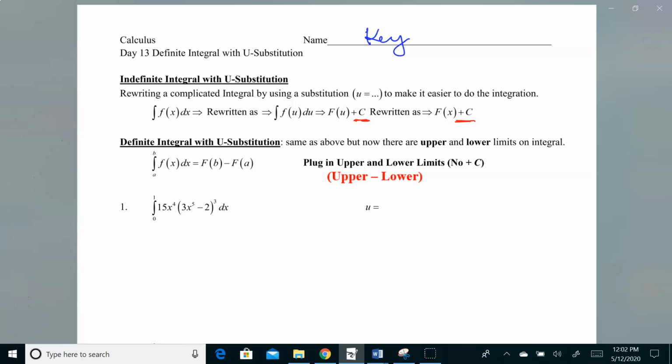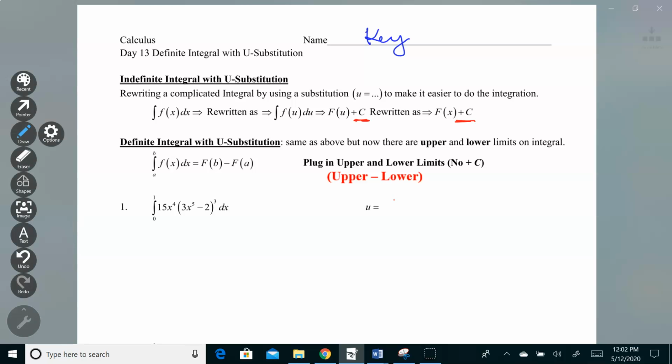So I'm going to keep it similar to what I did last class. I have this antiderivative I have to take, which is a little bit complicated, but I make my 3x to the fifth minus 2 as my u, and now I have my du is equal to 15x to the fourth dx.